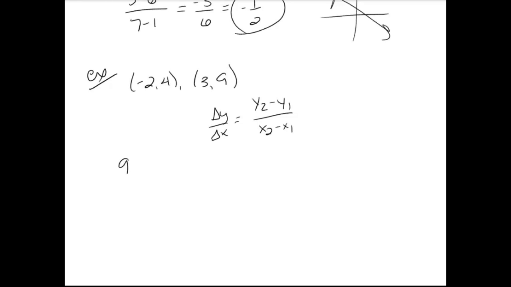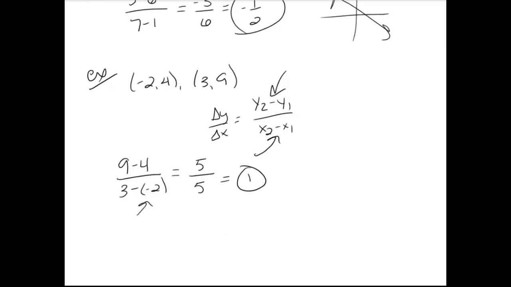So you should get 9 minus 4 all over 3 minus, be careful here, a minus 2. Remember that the formula has minus in it, top and bottom, so make sure that you put your negative number in parentheses to make the sign change as you should, because then that becomes 3 plus 2, which is a positive 5. And 5 divided by 5 is 1.